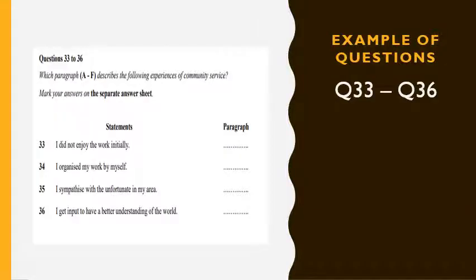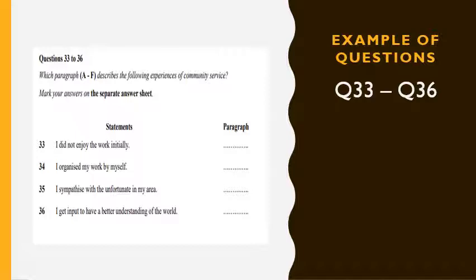Now, look at the example of the questions. There are two parts of the section. The first part is questions 33 to 36, in which you have to identify the paragraph. Soalan 33 hingga 36, Anda diminta untuk kenal pasti perenggan yang berkaitan.